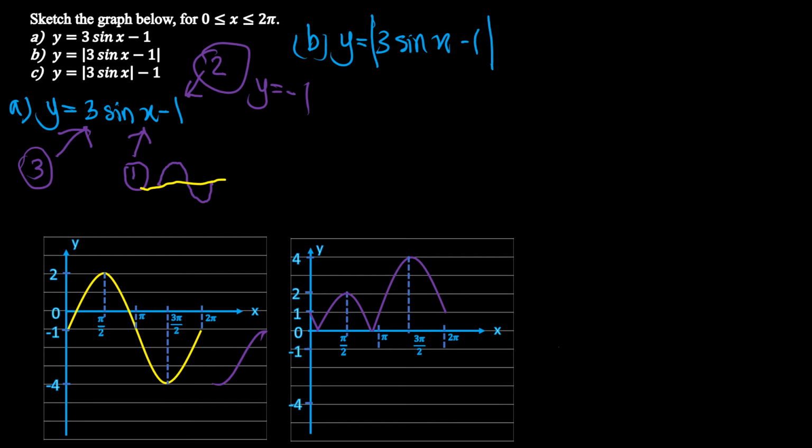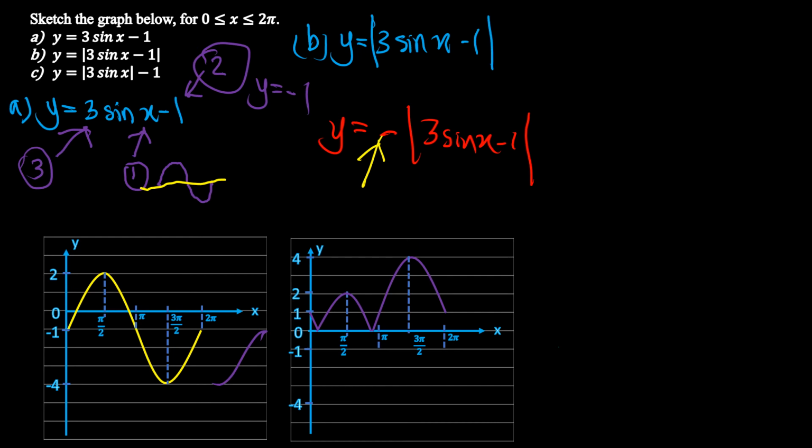So let's say for question B, you have this y equal to -3 sine x minus 1. You have a negative sign in front. Let's say you have a negative sign in front of the modulus. What does that mean? It means that all your values of y lie below your x-axis.